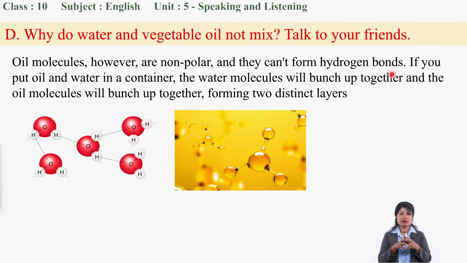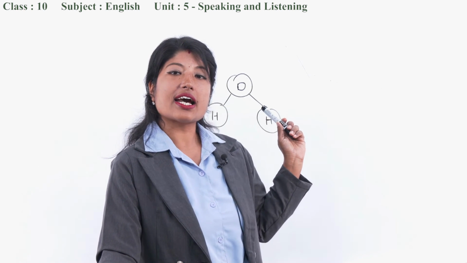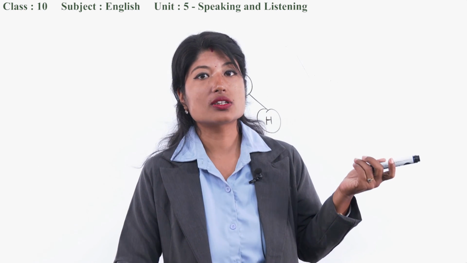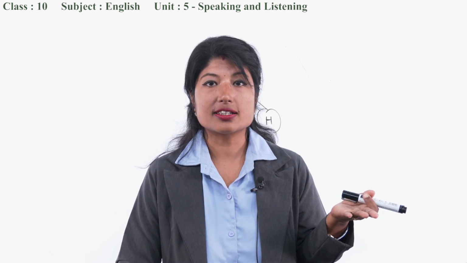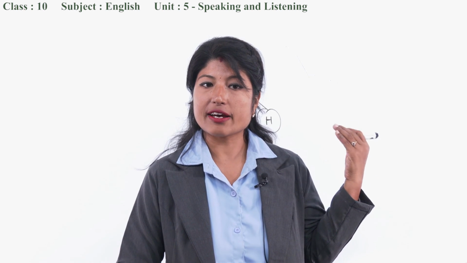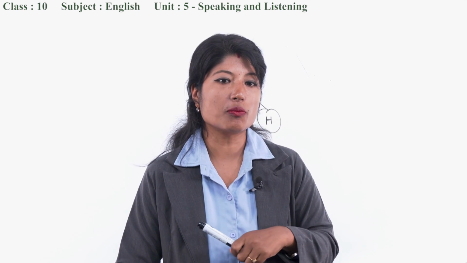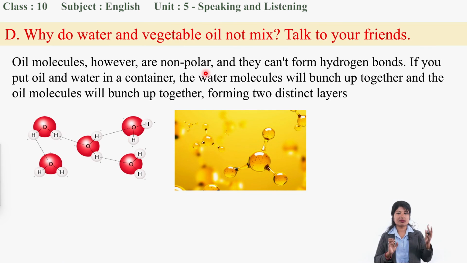Non-polar means they don't have both positive and negative qualities. This water molecule has both positive and negative. They are polar, so they have the quality of positive and negative bonding. Oil doesn't have that.